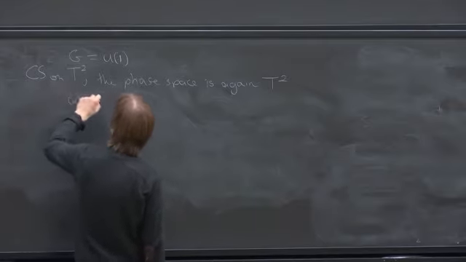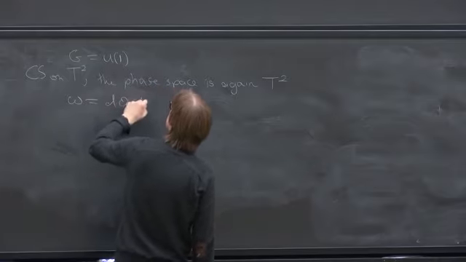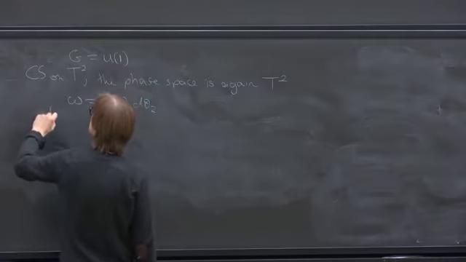And the symplectic form looks like d theta 1 wedge d theta 2. So what is the Hilbert space?